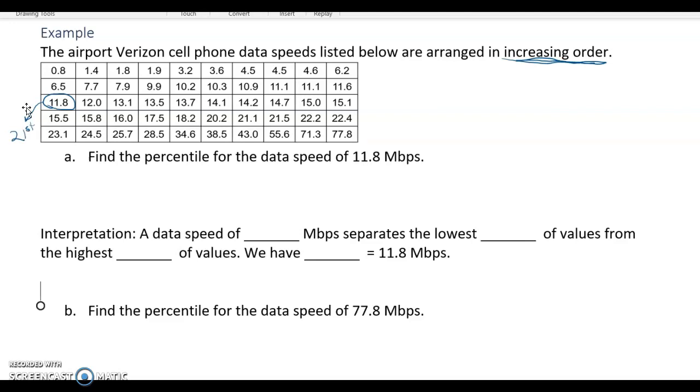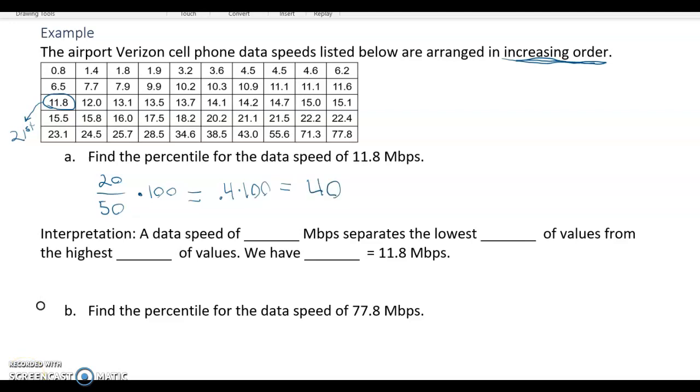So we need to find the number of data values that come before 11.8. If it's the 21st, that means there's 20 values out of the total 50 values in the table that come before 11.8. We're going to take that and multiply it by 100 to get our percentile. That's equal to 0.4 times 100, or 40.